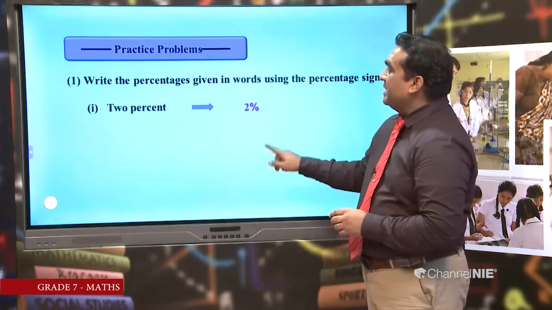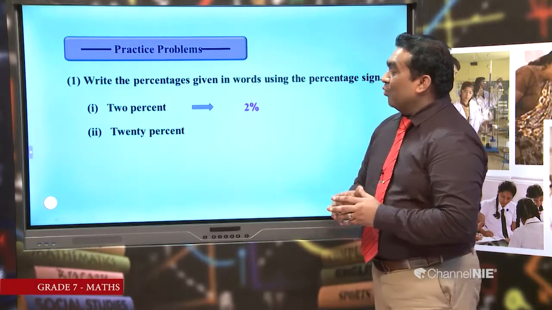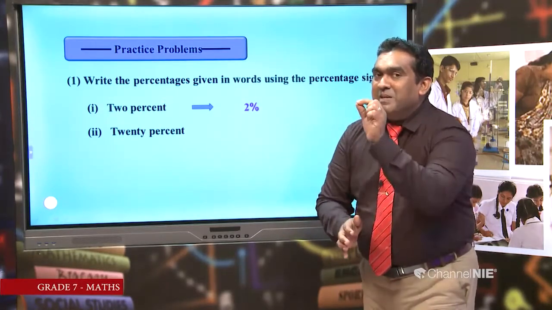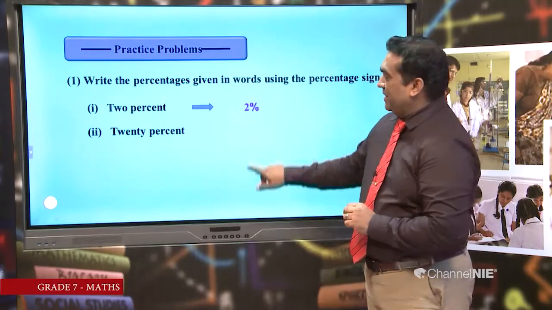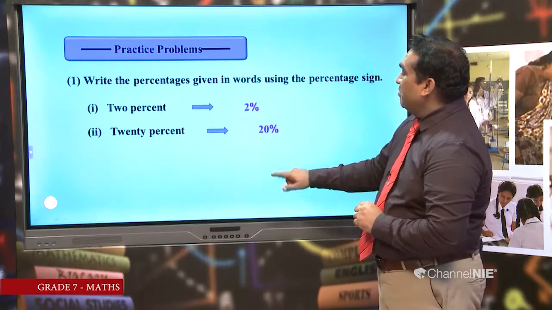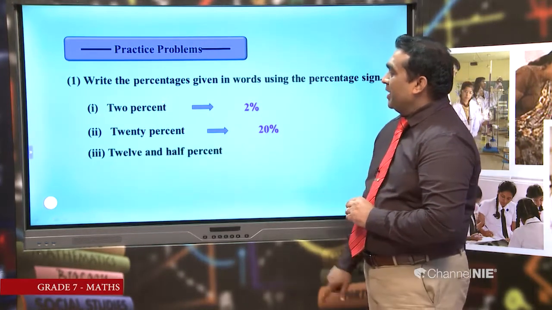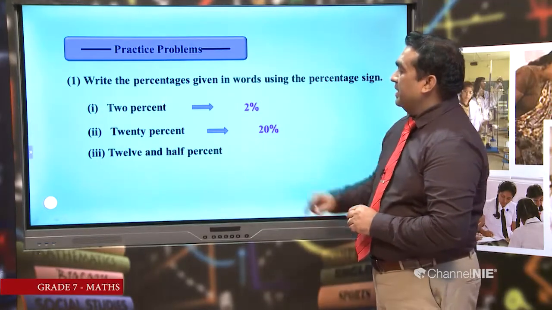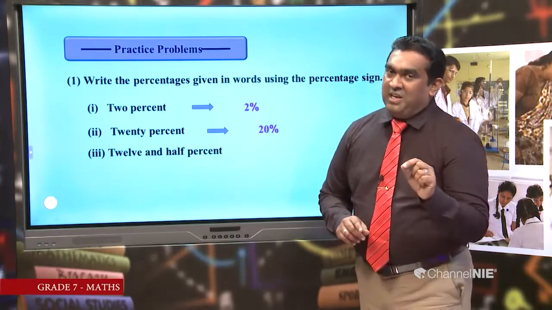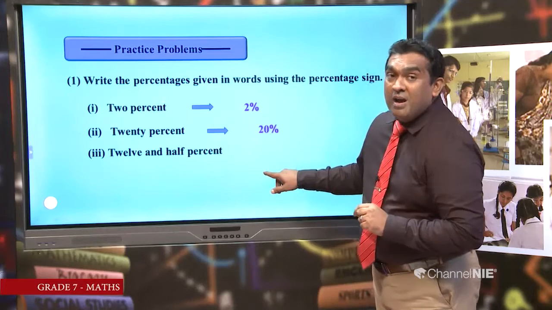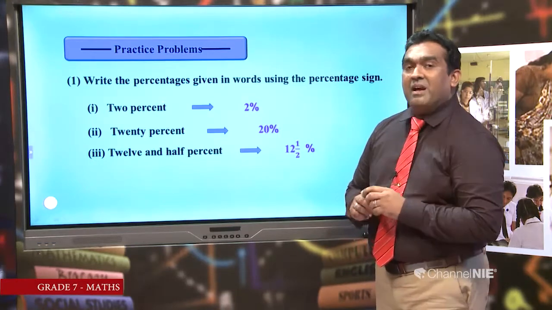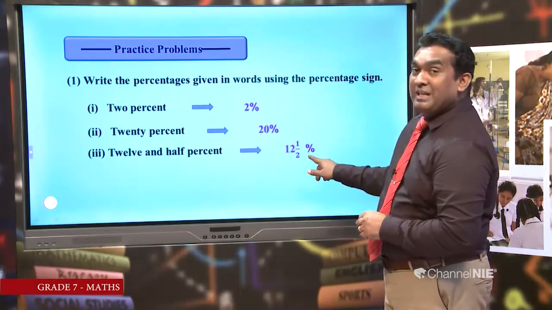2, then the symbol. Next one, 20 percent: 20 is the number, then you have to write the percentage sign. Now we can see 20%. Next one, 12.5 percent. What is the numerical value? 12.5. After that you have to put the percentage sign. 12.5%.